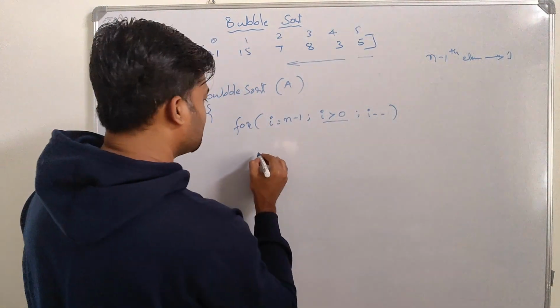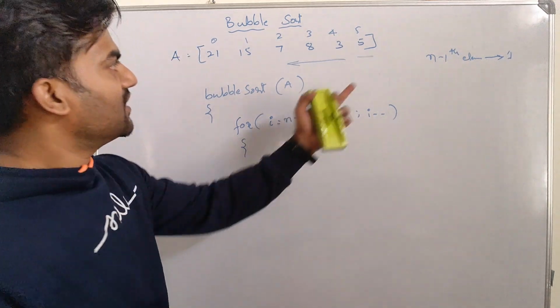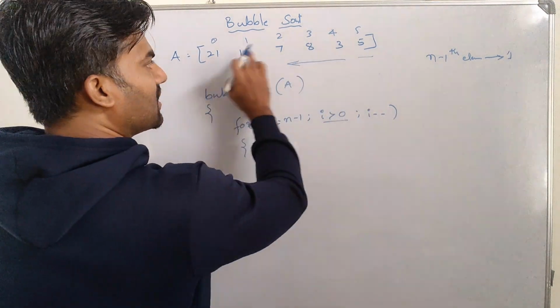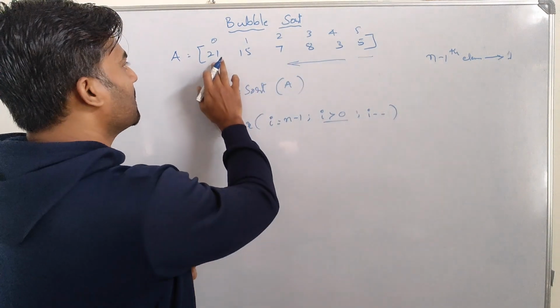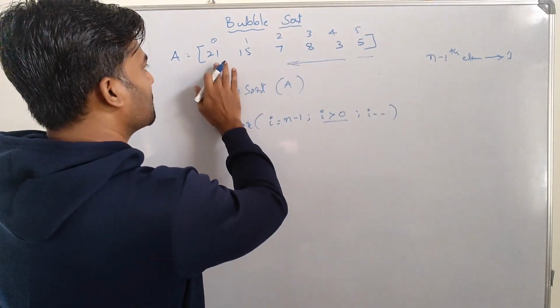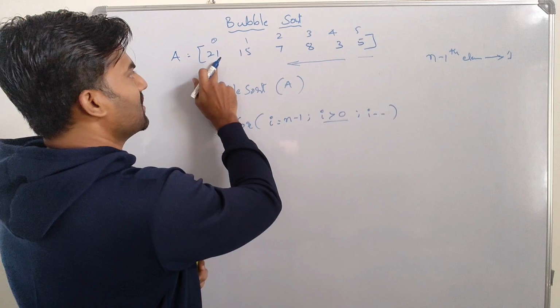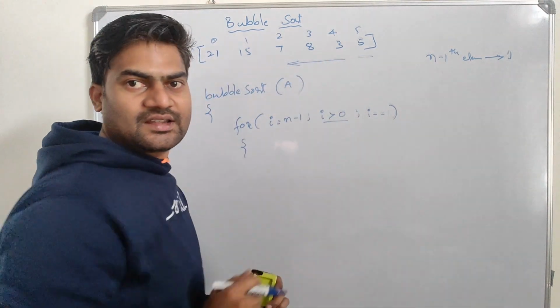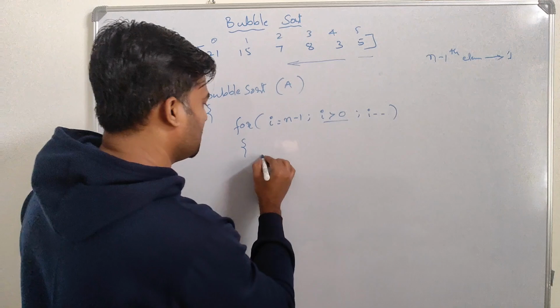So next loop. After starting here, what we normally do is try to shift the element from its position towards the right. So this happens from the 0th index till the n minus 2nd index.